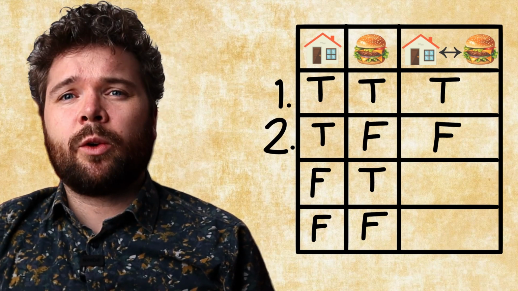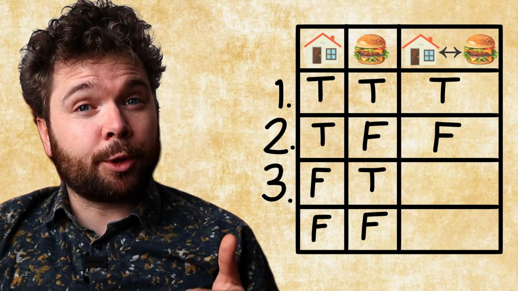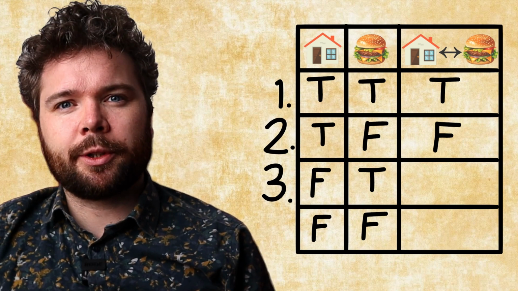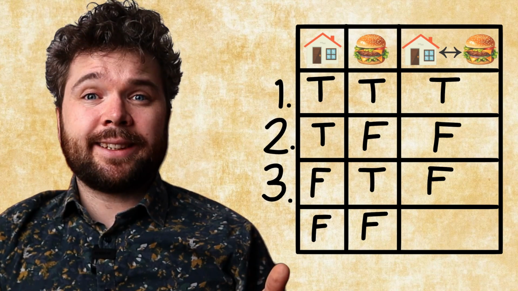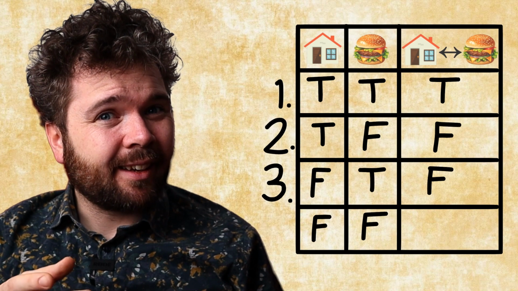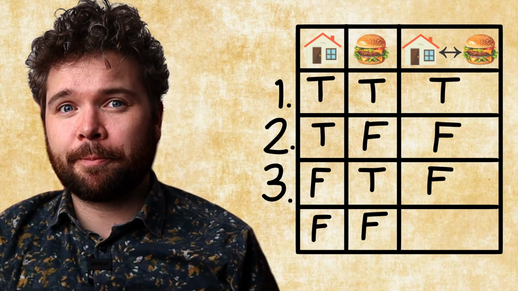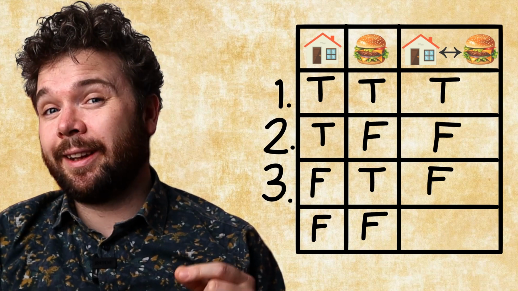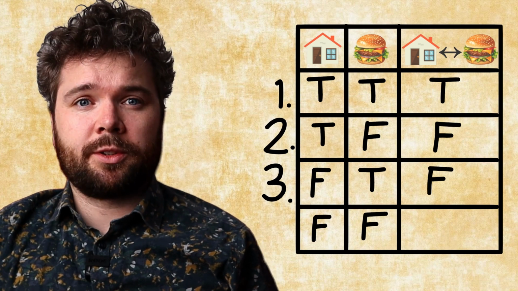And here in scenario 3, it is false that I went to my friend's place, but true that he gave me a hamburger. But then, that is false. He said if and only if I came over to his place would he give me a hamburger. So here, my friend lied to me. So in this scenario, the whole sentence is false.